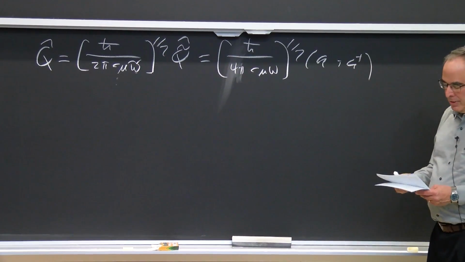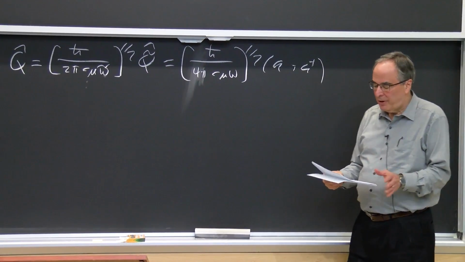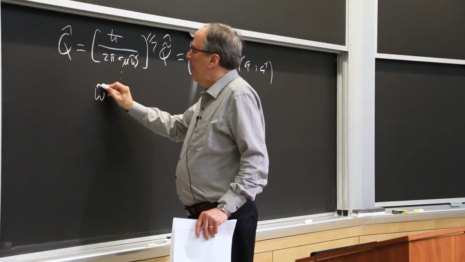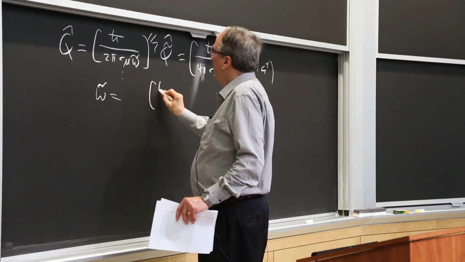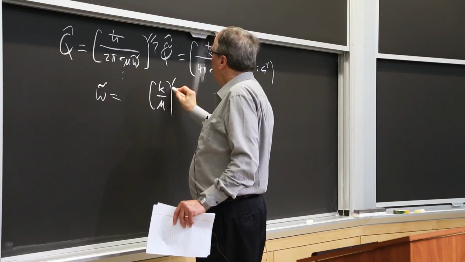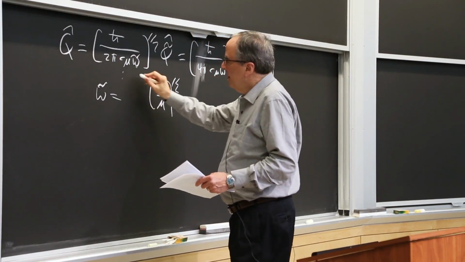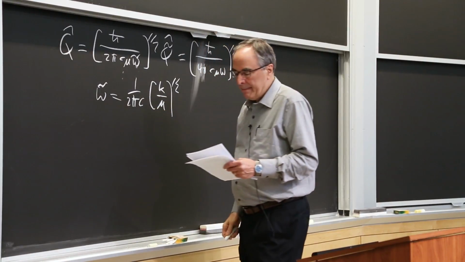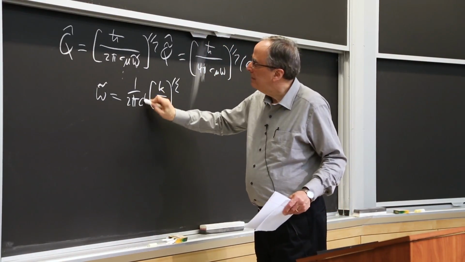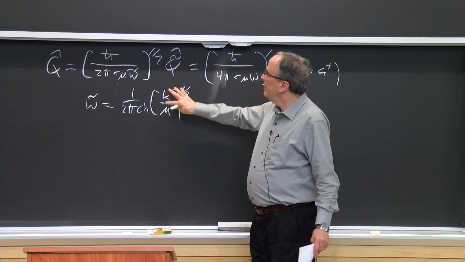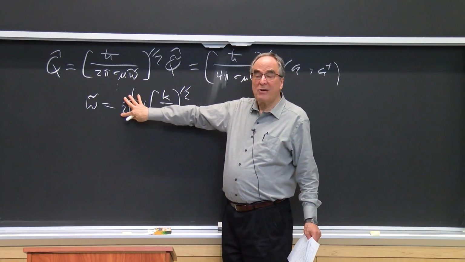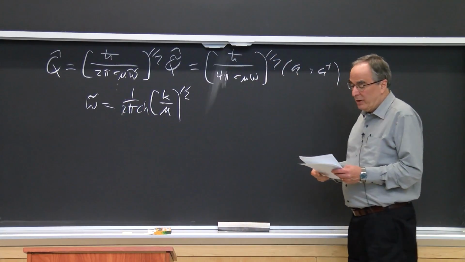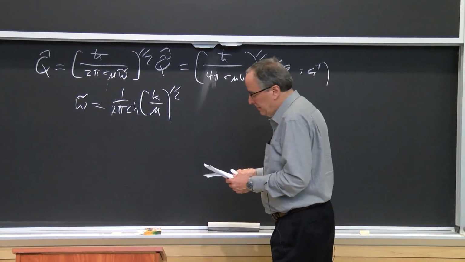Okay, so this is something we did before. Omega twiddle is the square root of k over mu times 1 over 2 pi c, hc. So this is what you're used to, and this is the extra stuff that we have to carry along in order to work in wave number units.